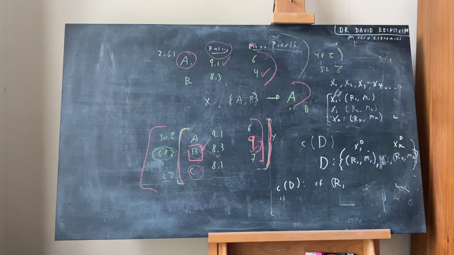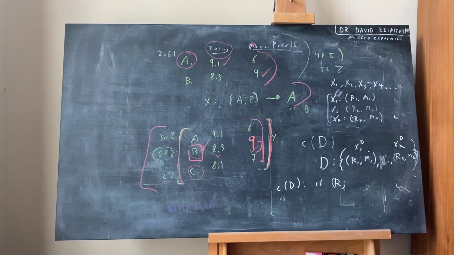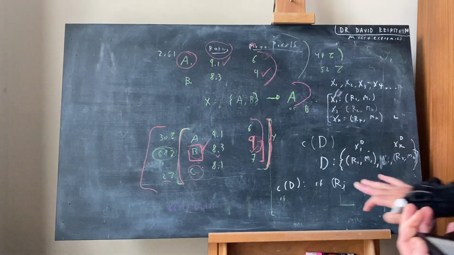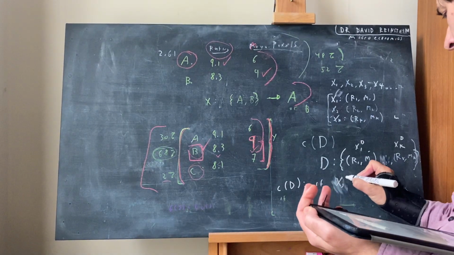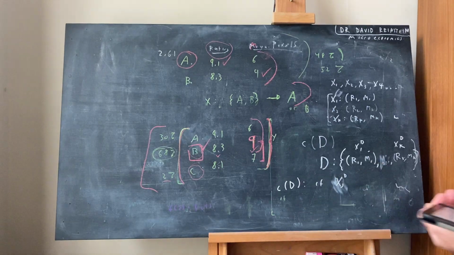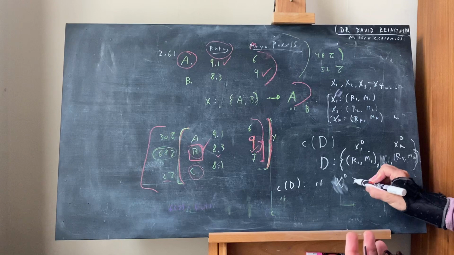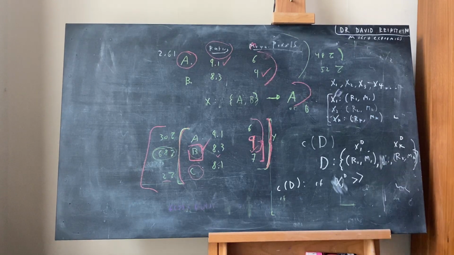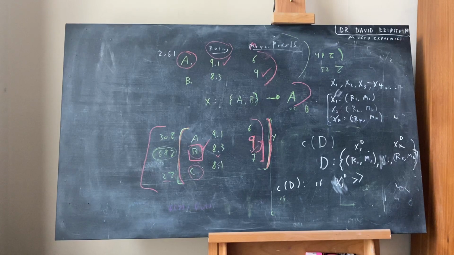I'm not sure if I need to do that. So if for some element we can now call it just xjd, now let's just say it has more of both. I think I've explained to you this notation. That means that every element in the list is greater than every element in the other list.